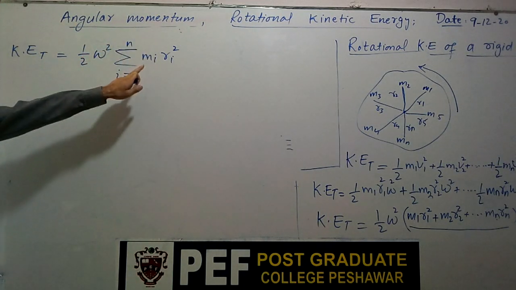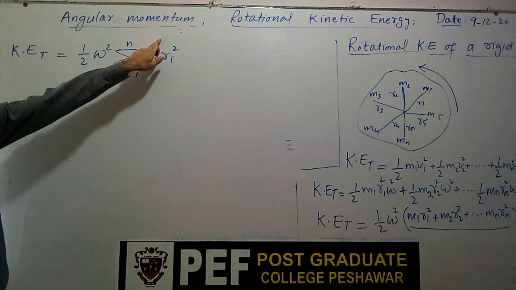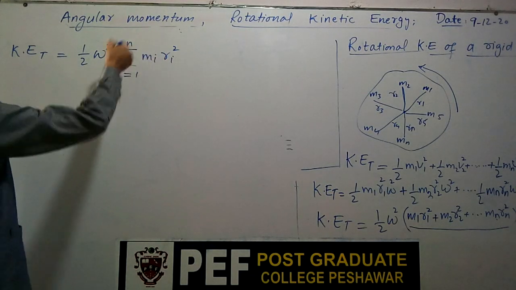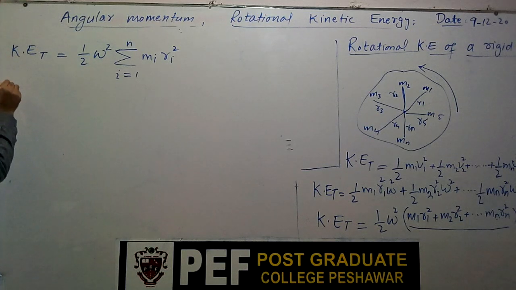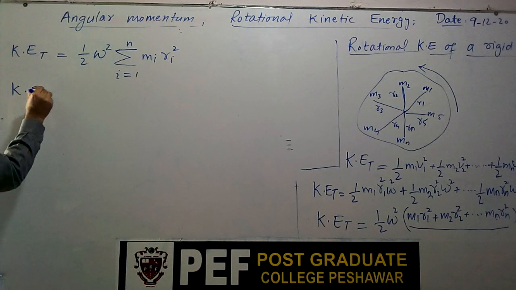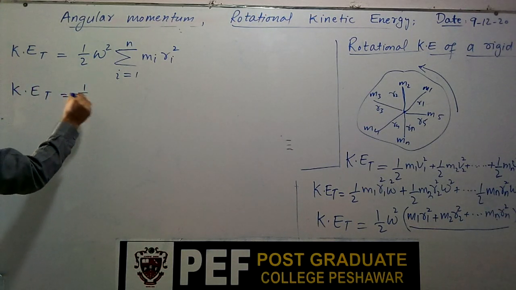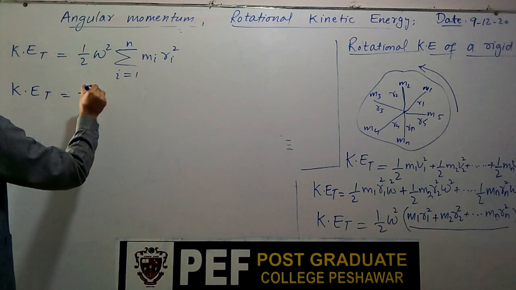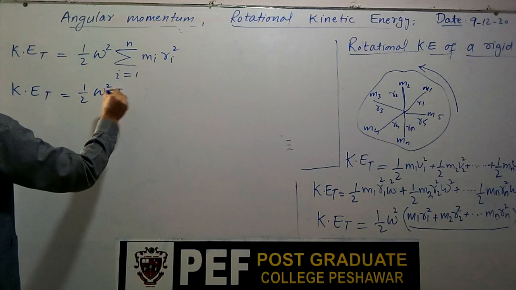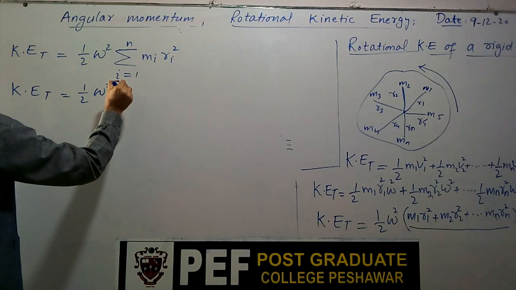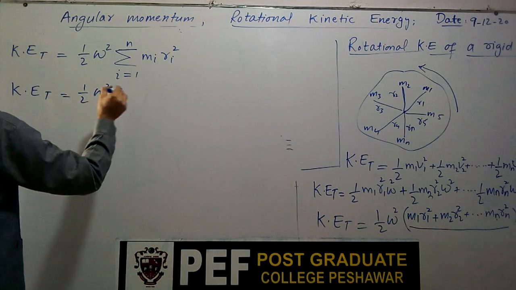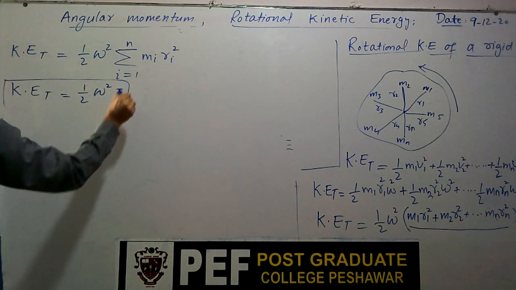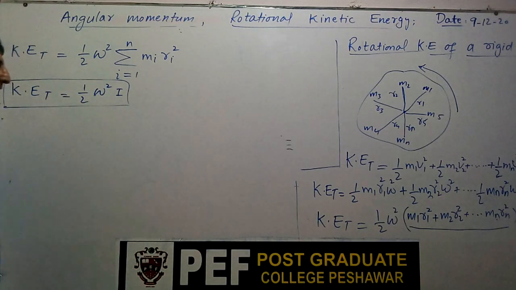Also we know that summation of mi ri square is equal to the moment of inertia I. So instead of this whole sum we can write I, so total kinetic energy is 1 divided by 2 omega square I. This will be the equation for the total kinetic energy of a rigid body when it starts rotation.